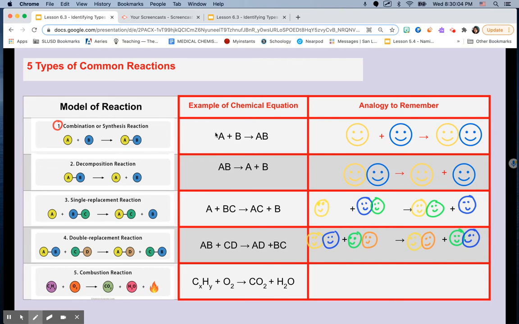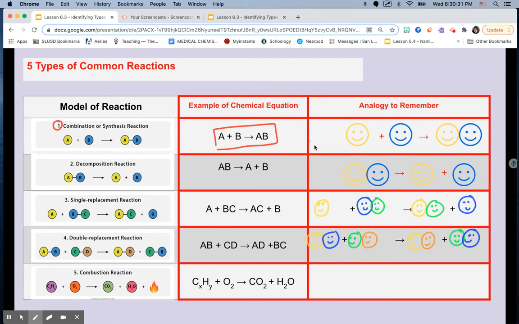So I would also note the general structure and the format of a combination or synthesis reaction is one molecule plus another molecule to make just one molecule, right? And eventually we're going to replace all of these letters with actual elements. It's nice to see what the general structure looks like so that we know what we're looking for.